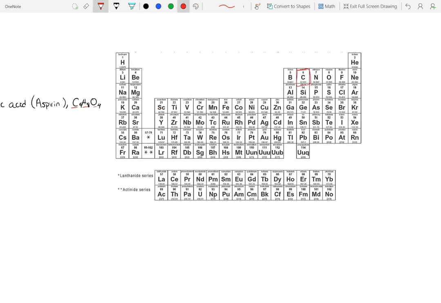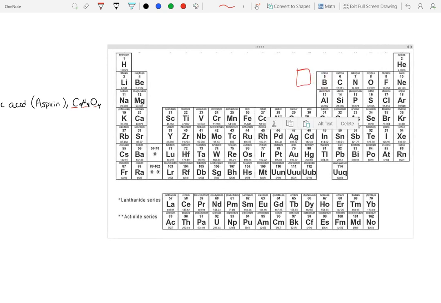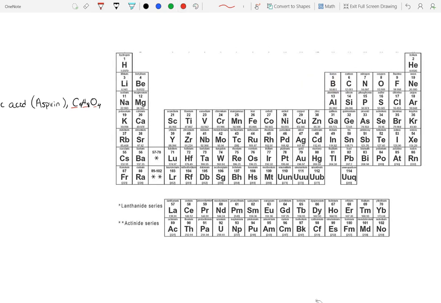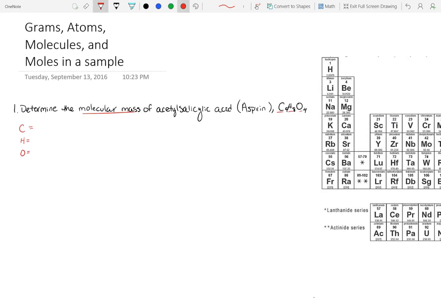If I were you, I would just get out your periodic table, because this periodic table is kind of small and it might be hard to see the 12.01. Get out your periodic table from the back of your workbook just so you can follow along better. But the mass of 1 mole of carbon is actually 12.01, as indicated by the mass number right here. Alright? So let's go over here and put carbon equals 12.01.